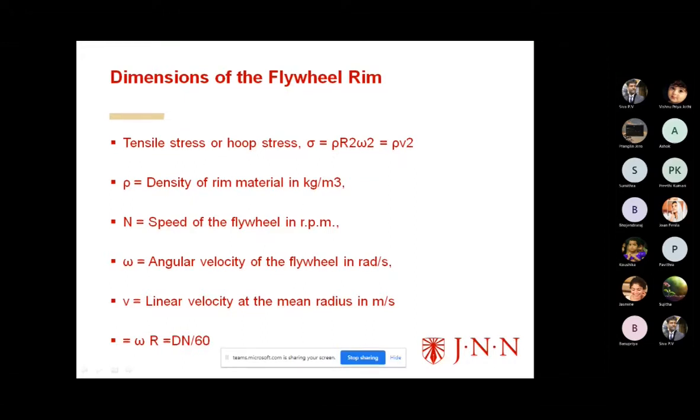But at that time also, energy is supplied through the flywheel, right? So this is the function of the flywheel. The turning moment diagram is also known as the crank effort diagram.